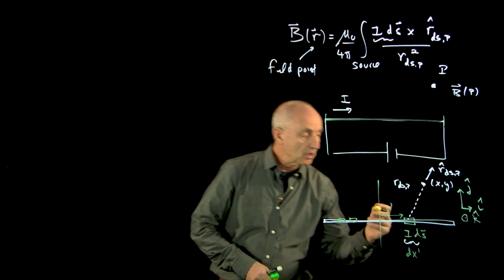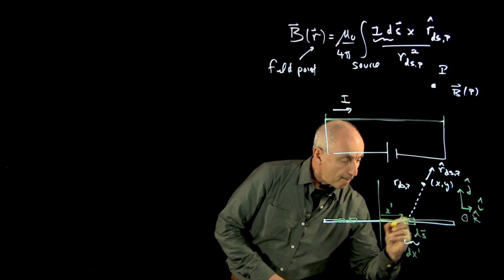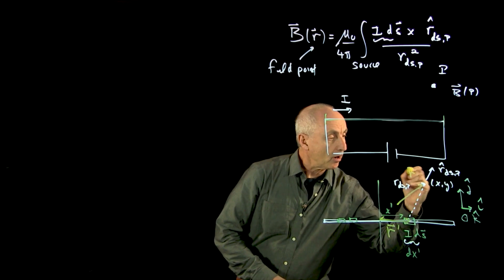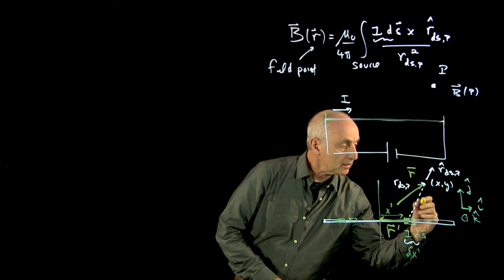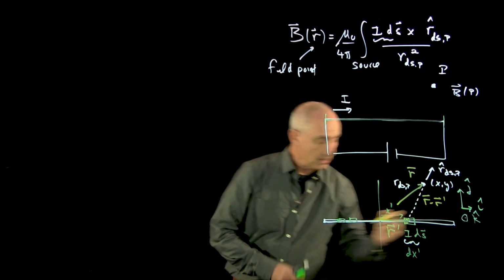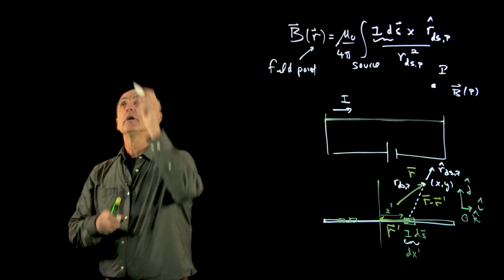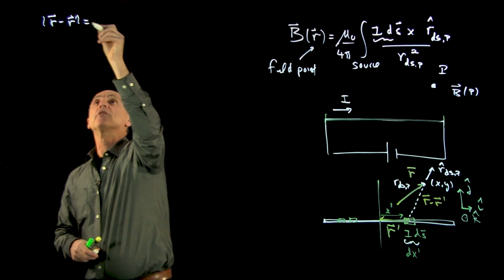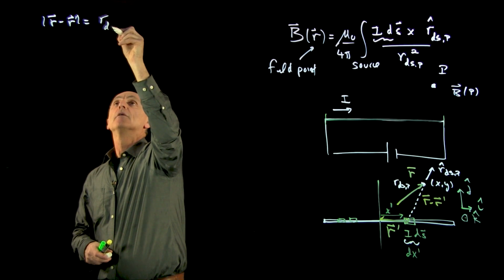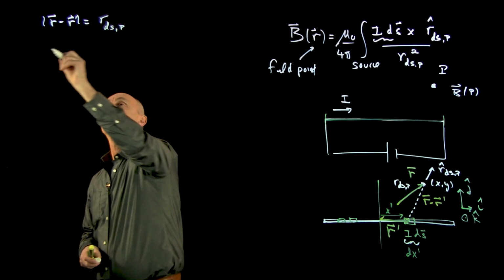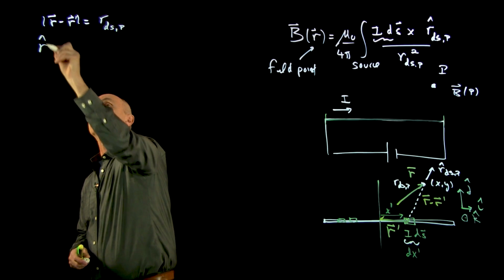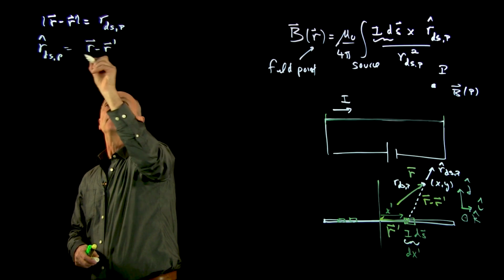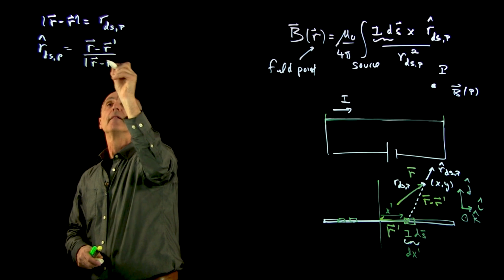Let's draw a vector r prime, vector r, and the key vector that we want, r minus r prime. The length of that vector, the magnitude of r minus r prime, is precisely equal to the r from our source element to the field point, and the unit vector that we want from the source element to the field point is r minus r prime over the magnitude.